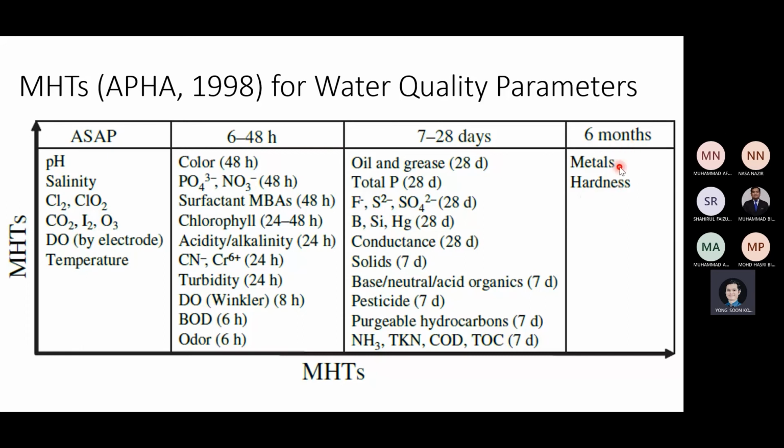Because after 6 months, your metals might change in terms of their phase. The phase means maybe from dissolved phase, it may change to solid phase. Some even might react with the materials of your container. If they're given long enough time, they can do it. Yeah. So you still have 6 months.